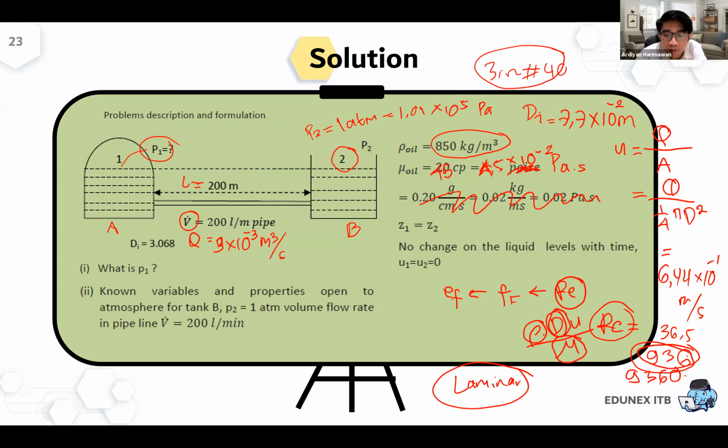But if you have 936 for the Reynolds number, it will be laminar flow. So for the laminar flow, I'll write here, friction factor will be 16 divided by Re. Please calculate. 16 divided by 936.